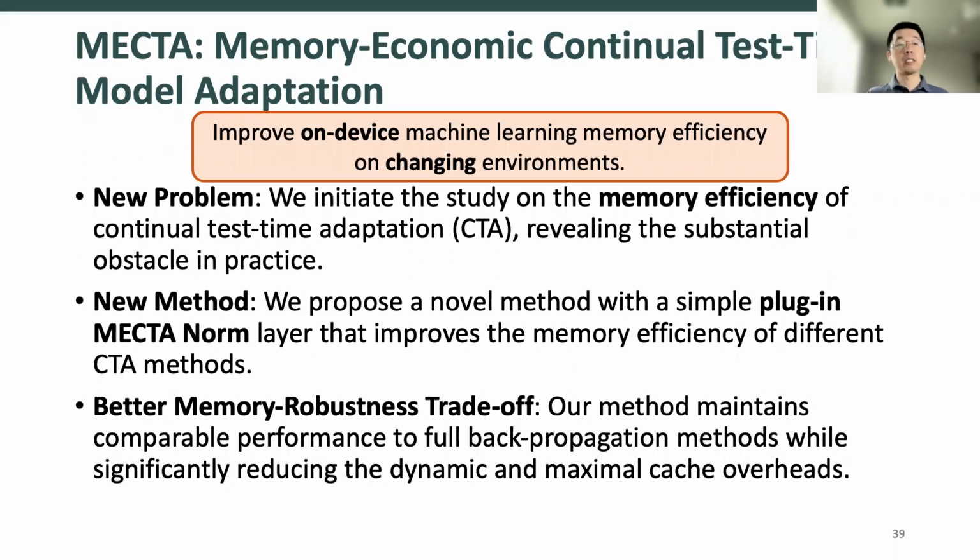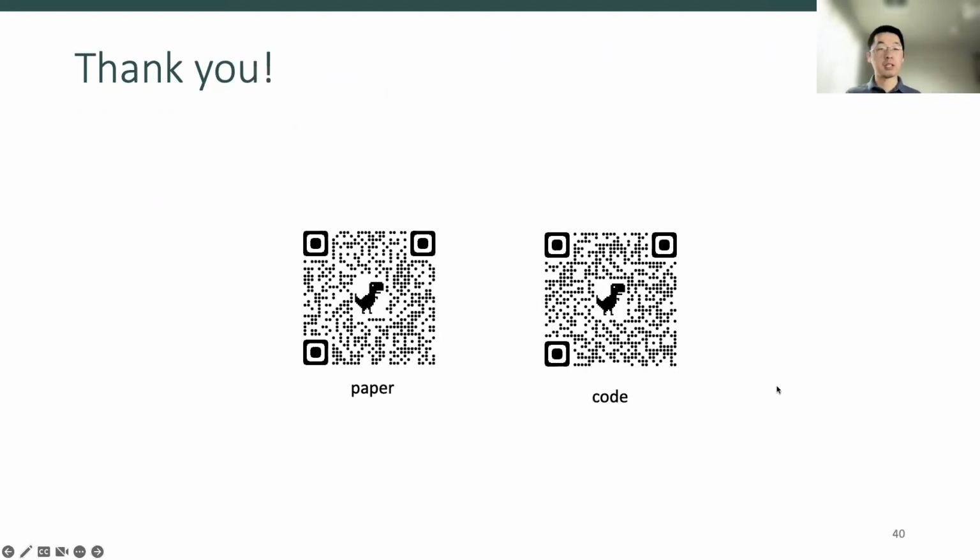Therefore, we propose the first algorithm, which only uses a simple plug-in, MECTA Norm, that can certainly improve the memory efficiency of CTA algorithms. Also, we show this algorithm has a very good trade-off between memory consumption and robustness. So thank you very much for coming to this talk. And this is the QR code. You can find our paper and the source code online.